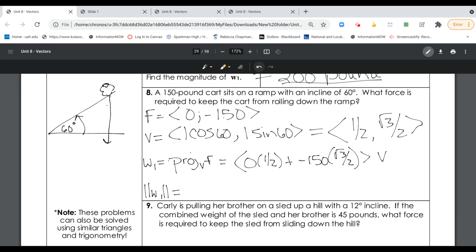Vector v is a unit vector, so I don't really have to incorporate it; I know it's going to turn out to be a 1. So I get a grand total of negative 75 square roots of 3. My magnitude is just going to be 75 square roots of 3 pounds. That's the shortcut. Or you can multiply that out to 129.9 pounds, depending on what MathXL or your homework application wants you to do.